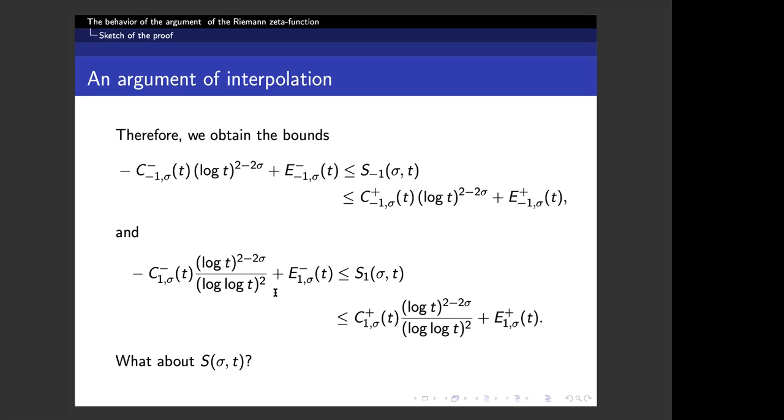S minus 1 is defined as the derivative of S sigma t, and the function S1 is defined as the integral of S. So the question is, I am giving you bounds for the derivative of S and for the integral of S. And the question is, can you give me information about S sigma t using these bounds?